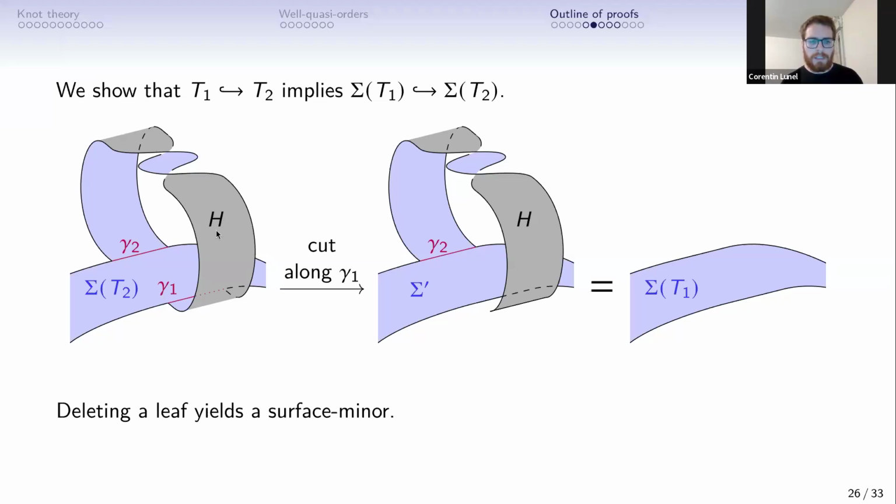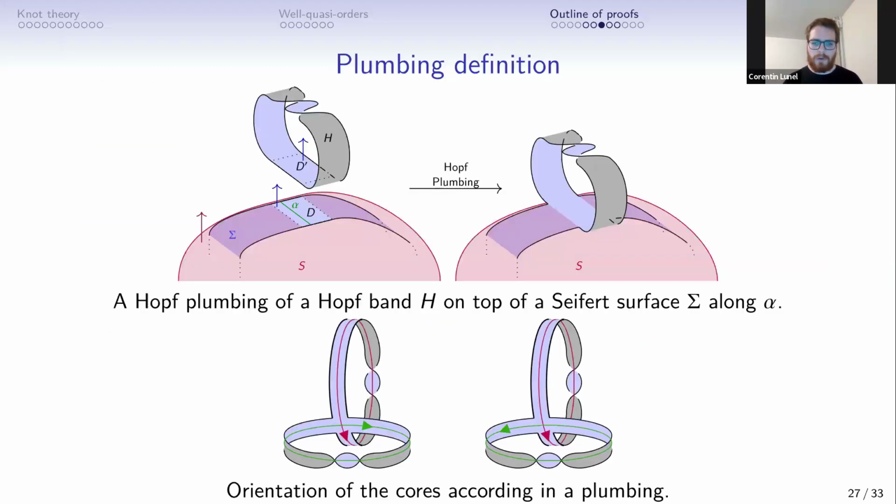Here H is some Hopf band that corresponds to a leaf, and we can just cut along this arc and isotope this disk back into the surface, and we get our surface minor. So it's quite easy to see for leaf deletion. For path contraction, it's a bit more complicated.